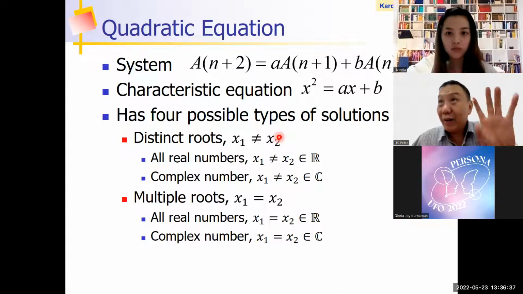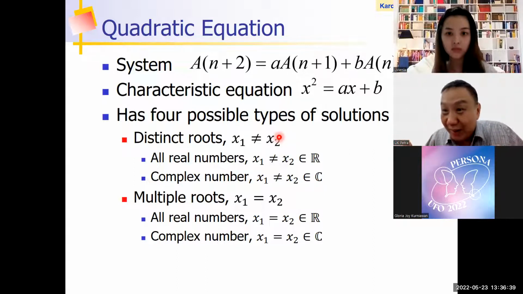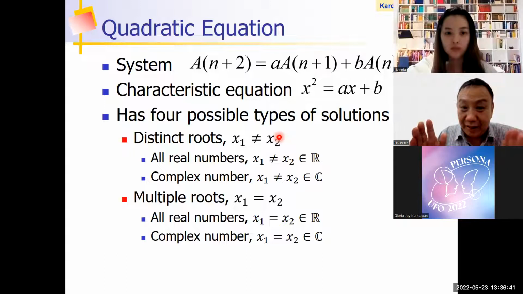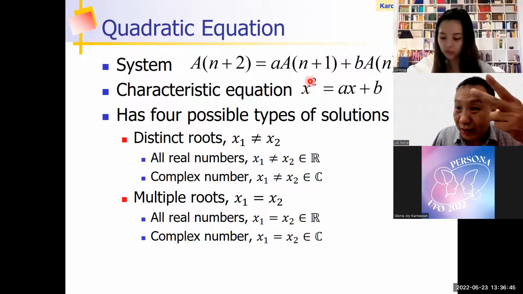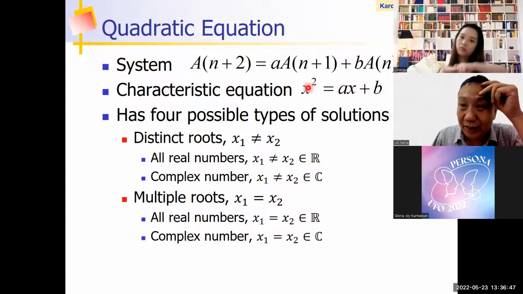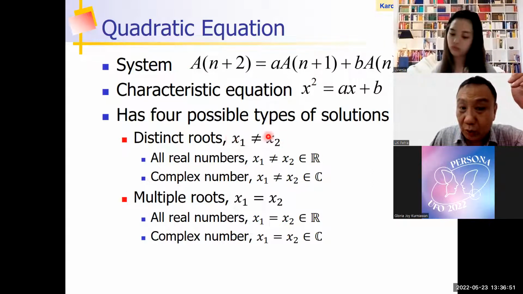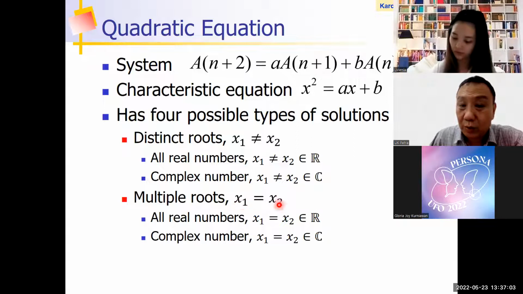Remember, when you solve a quadratic equation, you get two solutions, x1 and x2. If x1 is not equal to x2, that is called distinct root, meaning the roots are not the same. Or we can have a double root, a multiple root, meaning x1 is equal to x2.